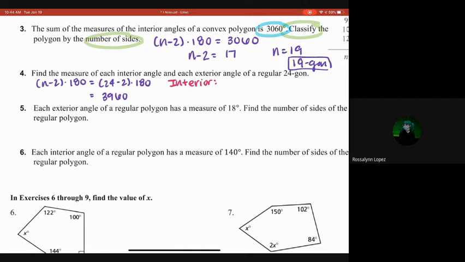Trey? Yeah, divide it by the number of sides. If that's everything put together, I want to find out what is, think about it split into 24 equal parts. So I would do 3,960 divided by 24, which should give you 165 degrees.